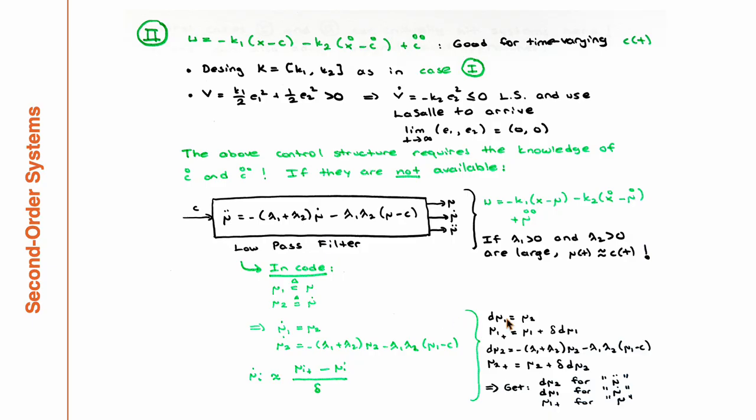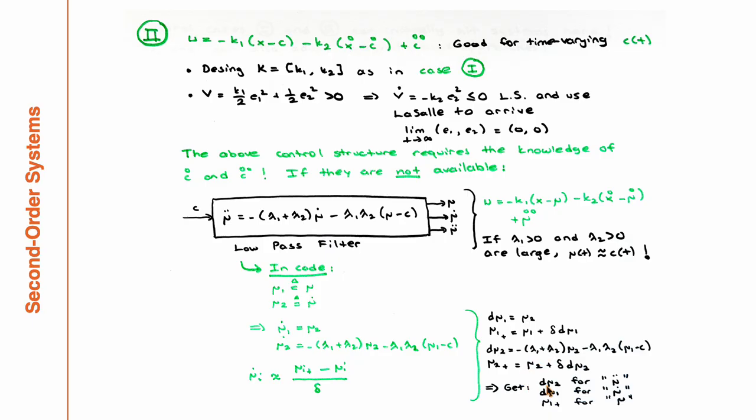In other words, on the right-hand side, mu1 dot becomes mu2. The new value of mu1 is the previous value plus delta multiplied by mu2, which is d mu1. D mu1 is one symbol, likewise d mu2 is one symbol here, which represents the right-hand side of this equation. So the new value of mu2 is the previous one plus this delta multiplied by this right-hand side. Basically, this is what you implement in code.